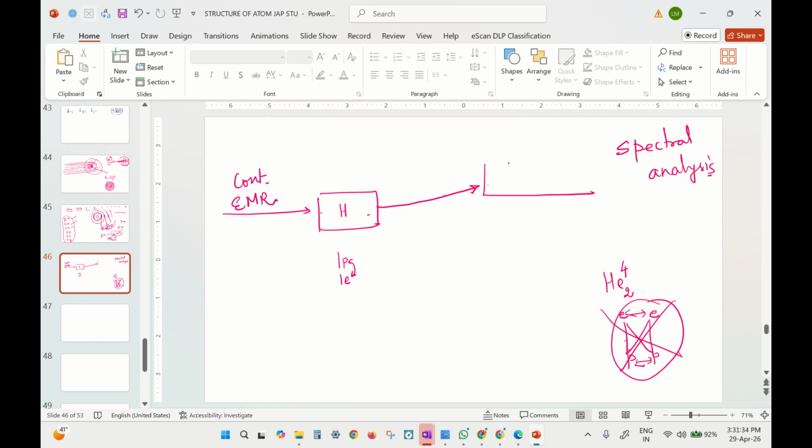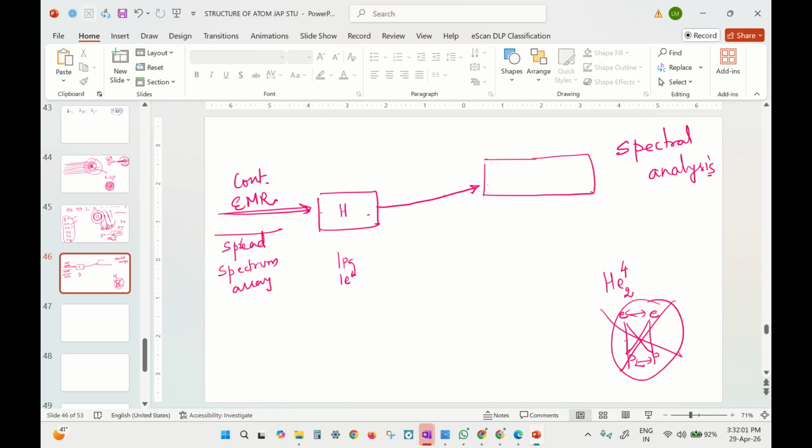Okay, so what we did is also a spectrum. We gave the complete spectrum. We fed hydrogen atoms with continuous electromagnetic radiation. All possible wavelength frequency values were given. Looking at what comes out, one part came out.